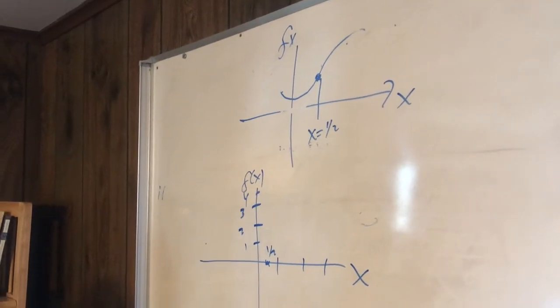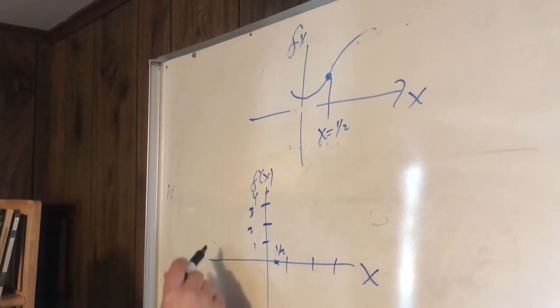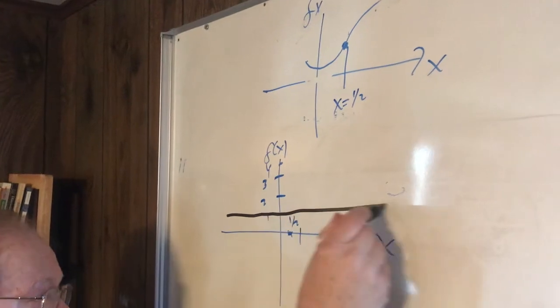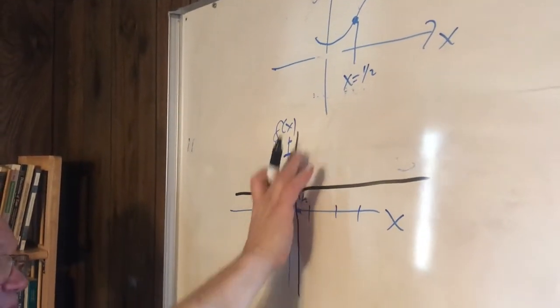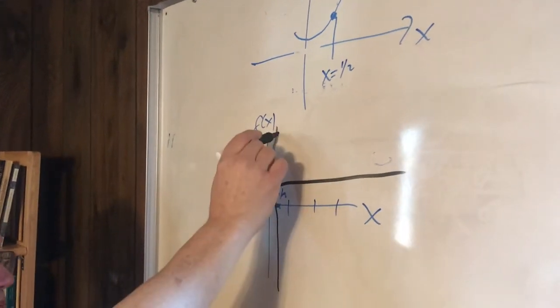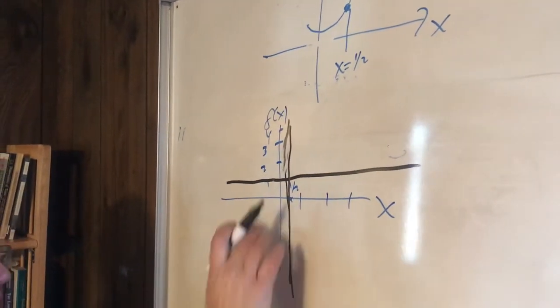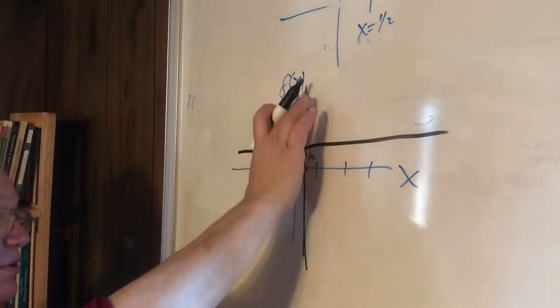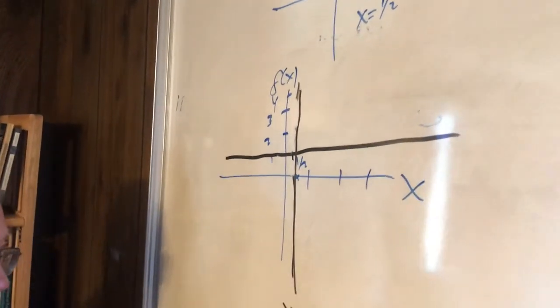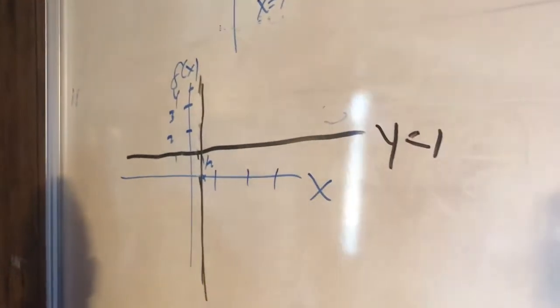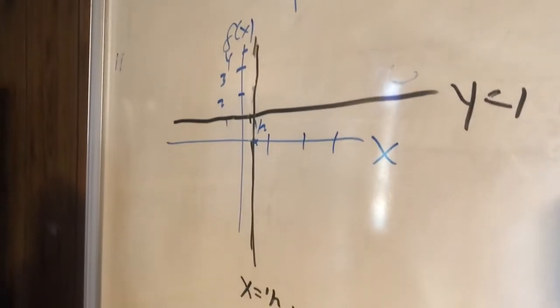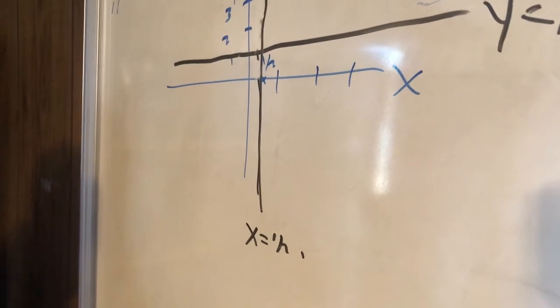I could use the black for this. But we get our horizontal and our vertical. I'm sorry, that's a really bad line. But you know what I'm trying to do. So this is x equals 1/2. This is y equals 1. And the curve looks something like this.